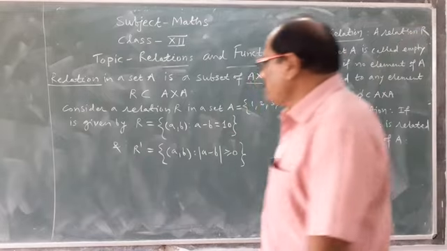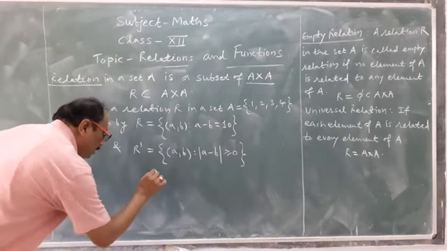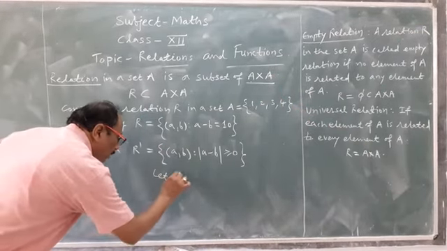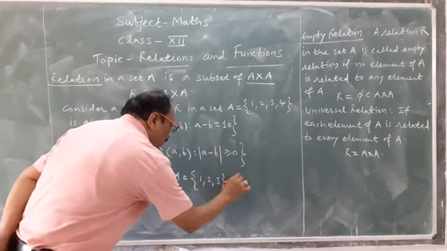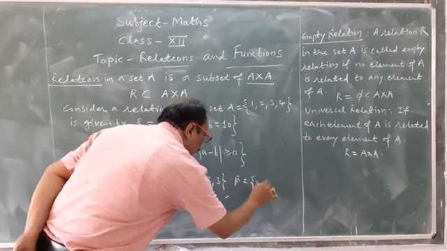A cross A means what? Suppose A is equal to {1, 2, 3}.